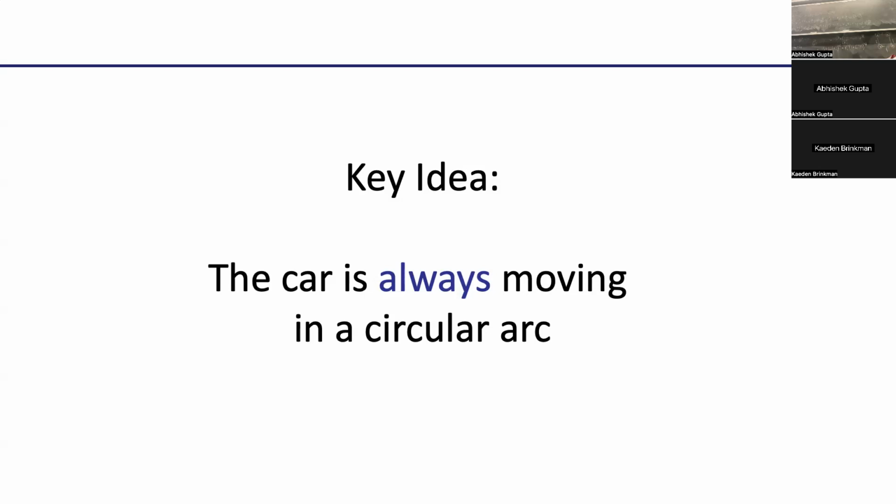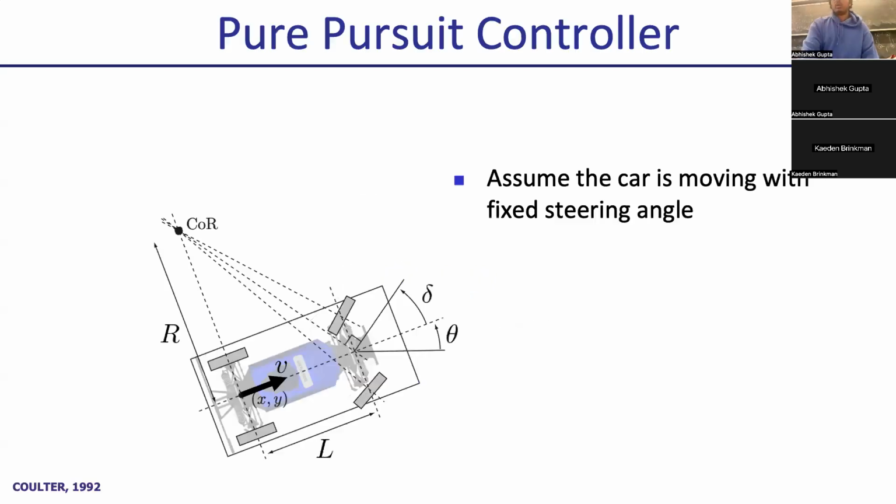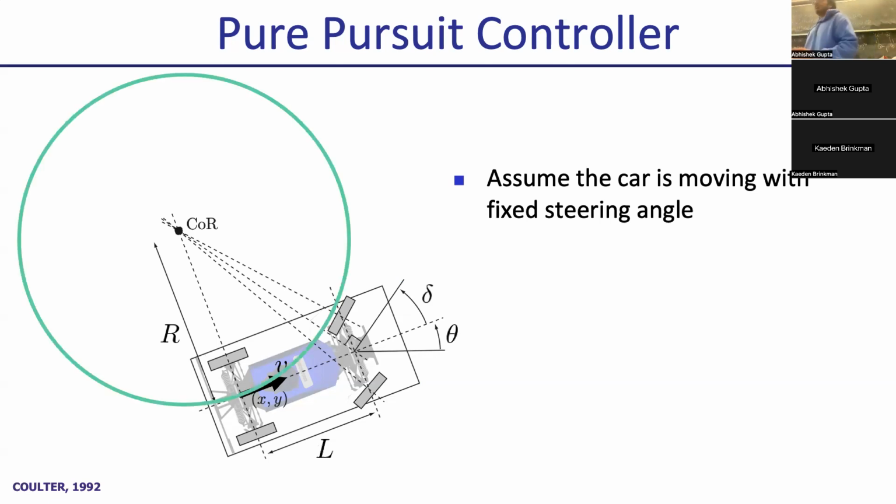You just want to figure out the steering angle that gets your arc to intersect with the point you're trying to get to. And so the pure pursuit controller is going to build on the same car model, but it's going to assume that the car is moving with a fixed steering angle for some amount of time. And when a car is moving with a fixed steering angle, with wheels rotated, right, it tends to move in a circle.